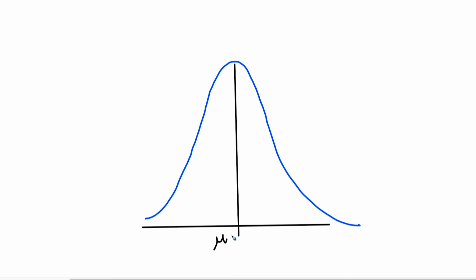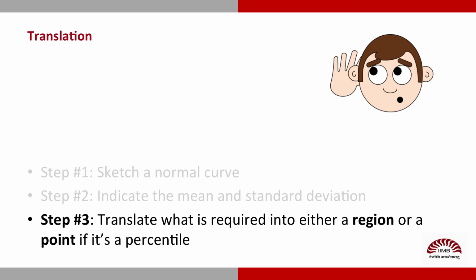So I have mu as 0.02, which is 2%, and I have sigma given by 0.108 or 10.8%. Step number 3, translate what is asked into either a region in this picture or a point if it is a percentile.